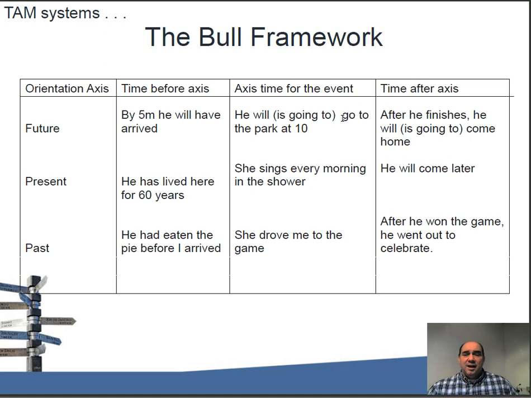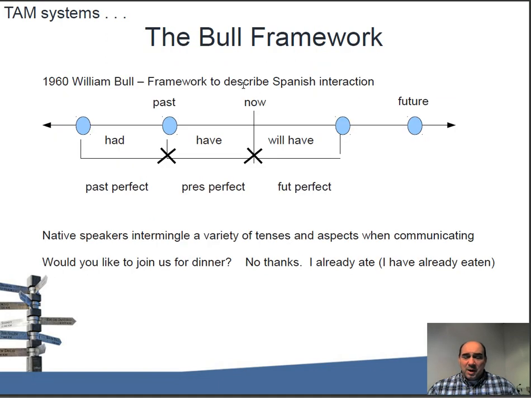Two-timed event. Okay, if the access time for the event is now, and I'm going into the future, right? He will go to the park at 10 o'clock. He's going, so I'm thinking again now. She sings every morning in the shower. The access is now. Now it's the word sings. Now, I would disagree with this one actually, when we're talking about she sings in the shower every morning.